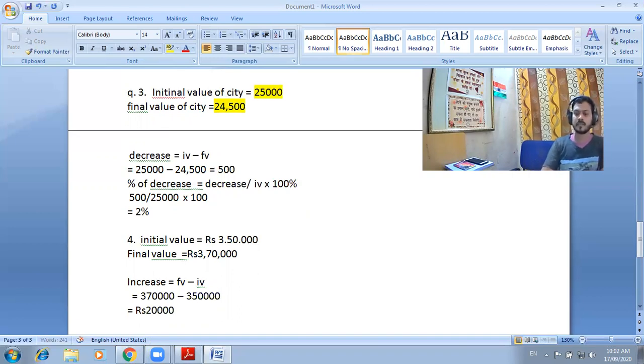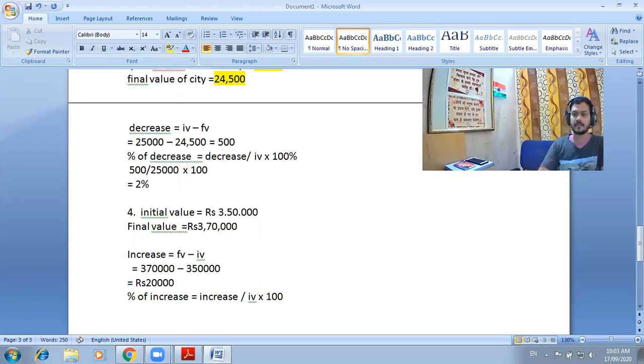Now calculate the percentage of increase. How can we calculate the percentage of increase? Percentage of increase equals increase divided by initial value into 100.